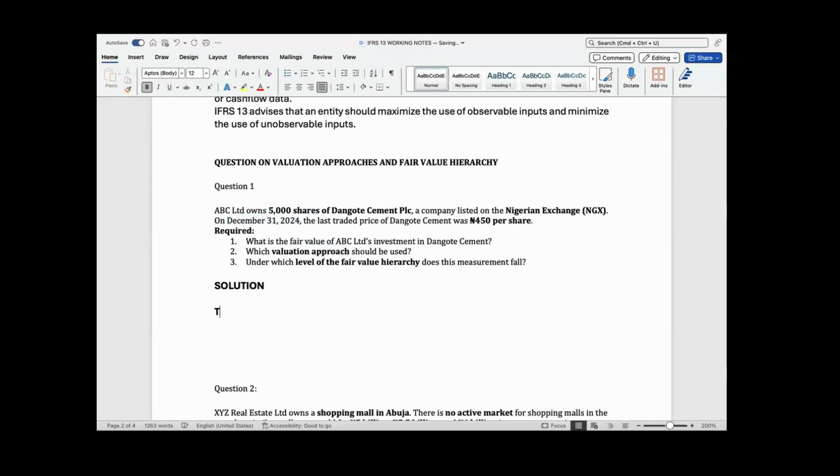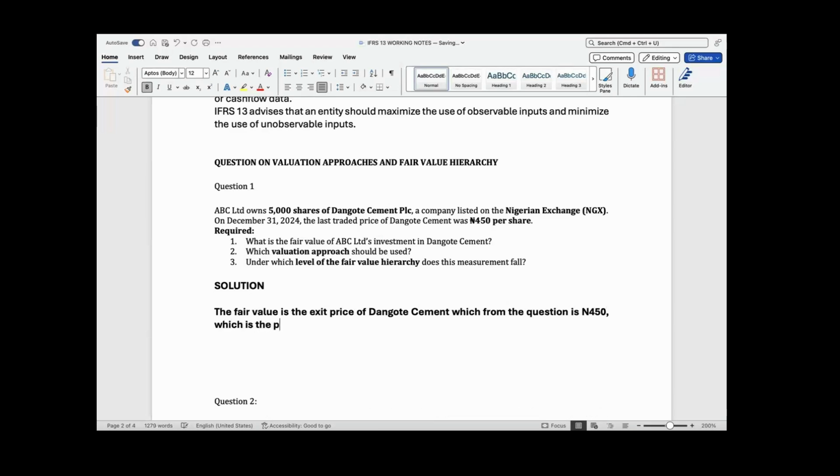The fair value is simply the exit price of Dangote Cement, which from the question is 450 naira, which is the price that will be received to sell the shares at the measurement date.